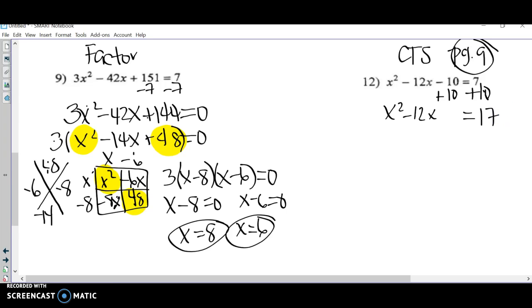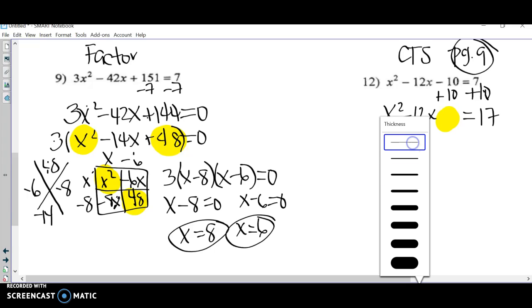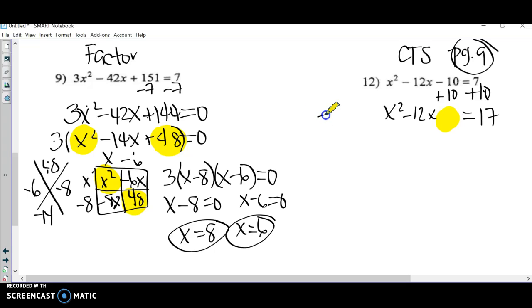So, in order to find what I add here, you've got to do your special kind of trick. You've got to do your b divided by 2 squared. And in this case, my b is negative 12. So I'm going to do negative 12 divided by 2 squared, which is going to be negative 6 squared. And remember, be careful, these are negatives.